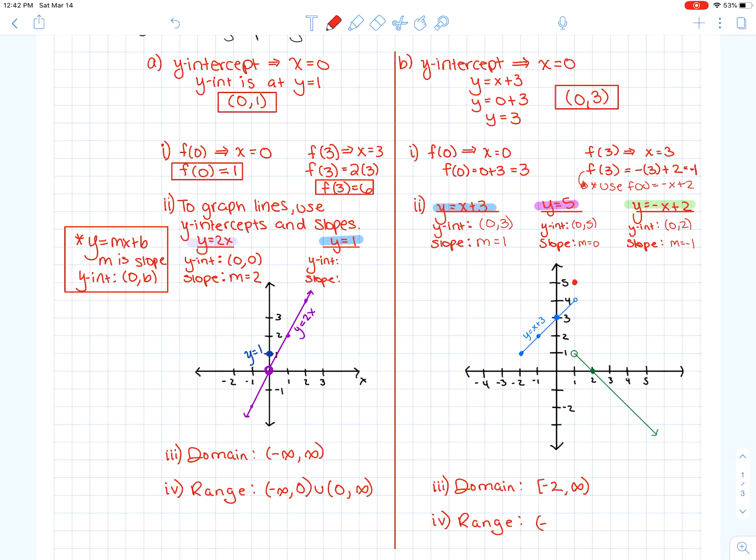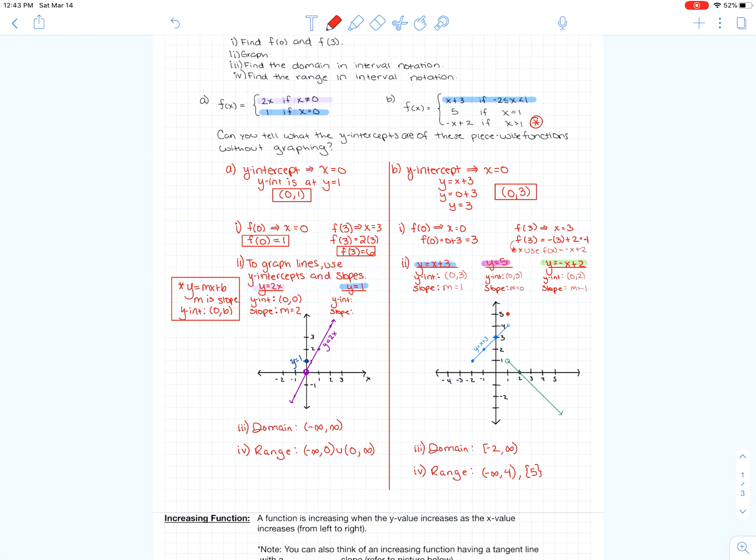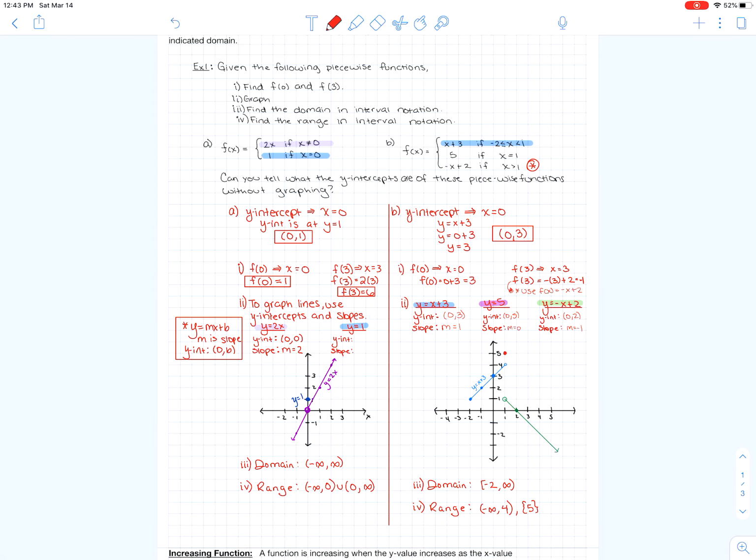And our range is from negative infinity. And notice our graph stops at 4. So we're going to stop there, but we also have to include that 5. Since 5 is a number by itself and it's not an interval, we're going to use braces.